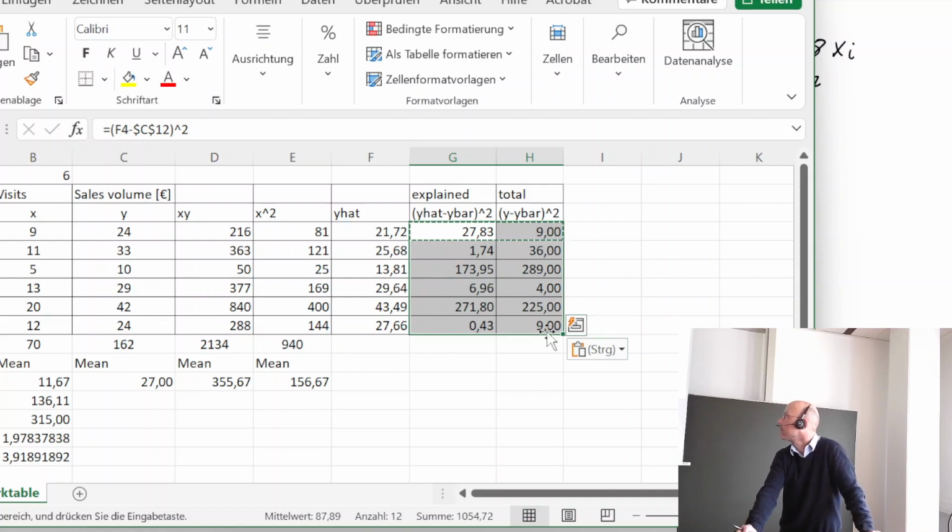And so these are the single explained squared distances and the single total squared distances.